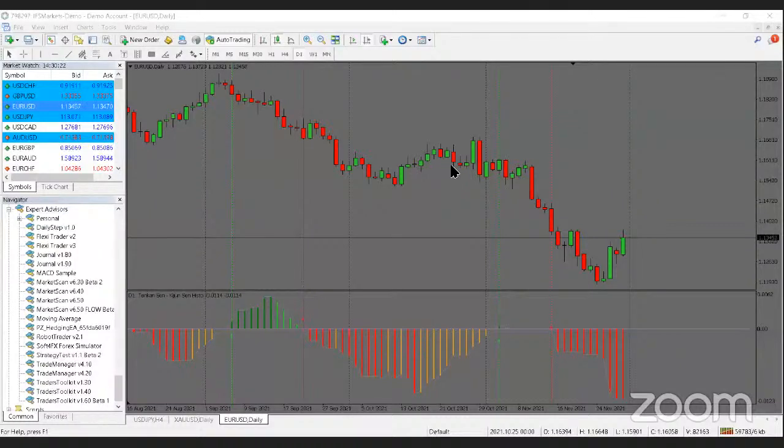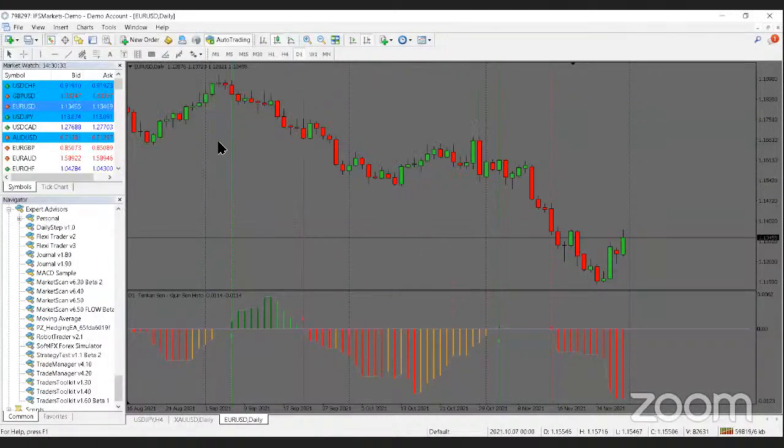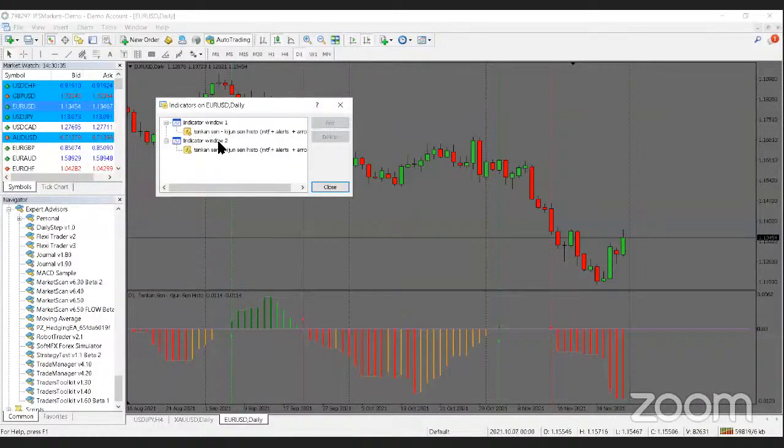Today the indicator I'm going to talk about, and before that, I've already uploaded the indicator into the folders, is called Tenkan, which is actually part of the Ichimoku family. I think people are familiar with the cloud. That's the most famous part of the Ichimoku indicator.